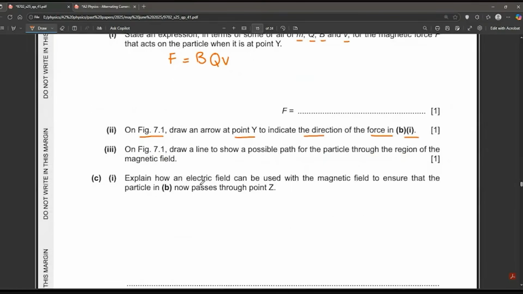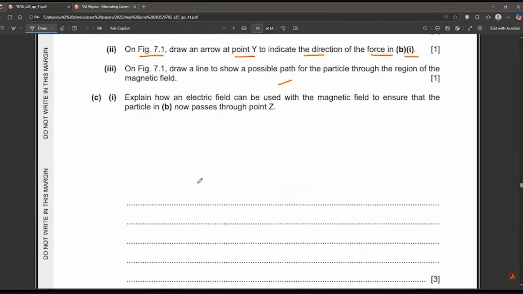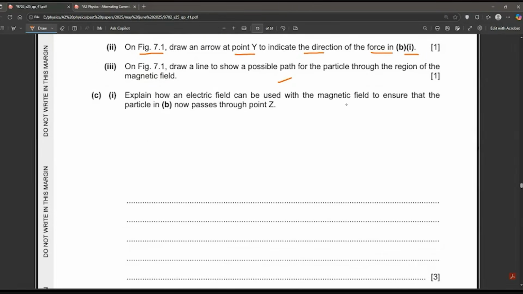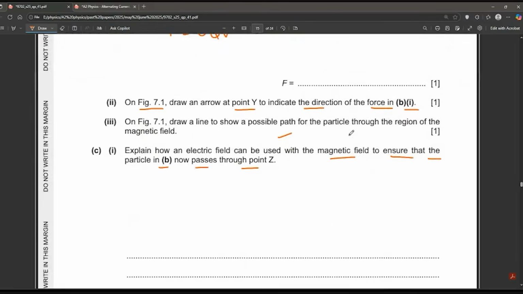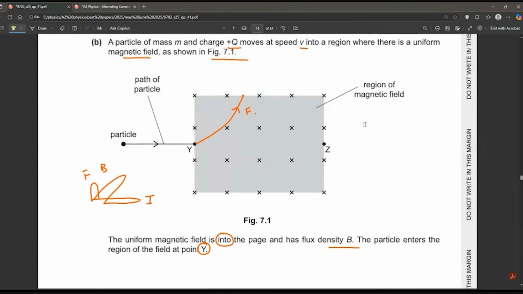Let's further move ahead. On figure 7.1, draw a line to show the possible path for the particle through the region. कर दिया हमने. ठीक है. Explain how an electric field can be used with a magnetic field to ensure that the particle now passes through point Z. Basically, हम क्या करवाना चाह रहे हैं?